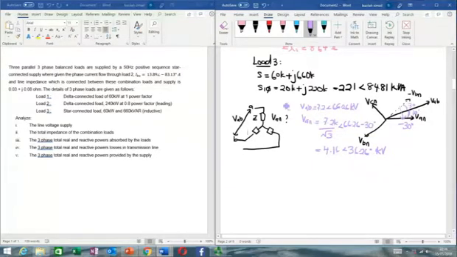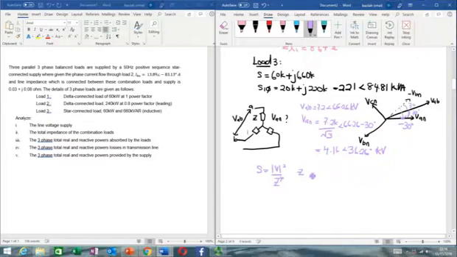Then next, once you calculate V for phase voltage, we know that the power at one phase is this value, so we can calculate Z using this equation: S equal to V squared over Z conjugate.